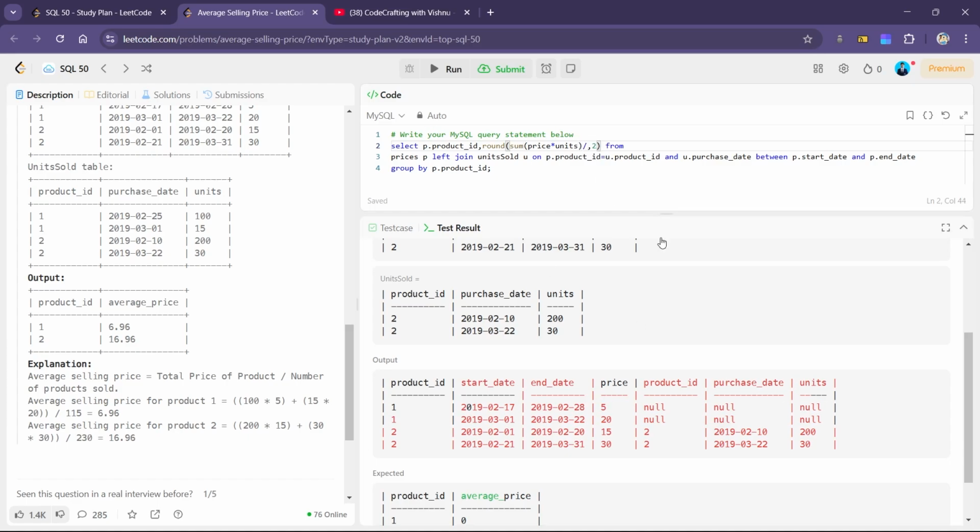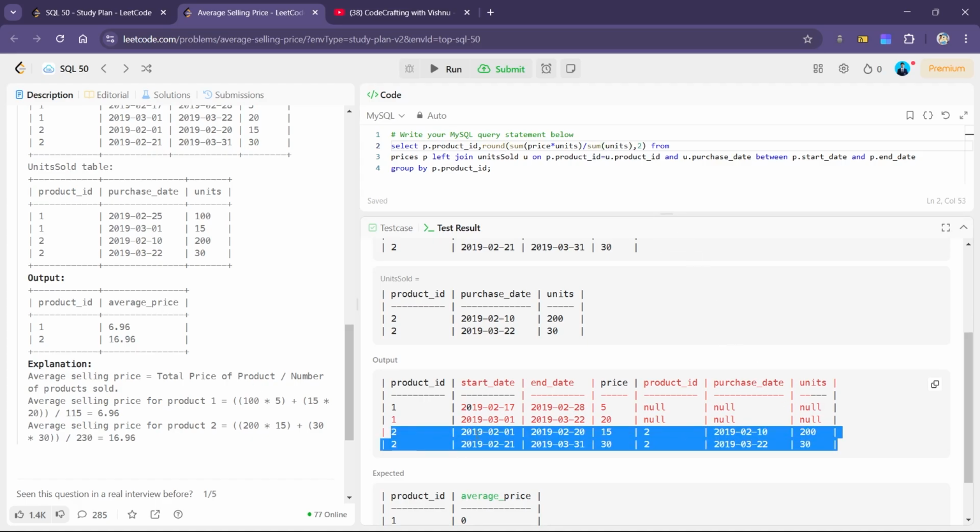We divide this by the sum of total units. So for this, what we'll be having is price 15 into units 200. Price 30, units will be 30. So we'll have 15 into 200 plus 30 into 30, divided by sum of units. Sum of units will be 230.